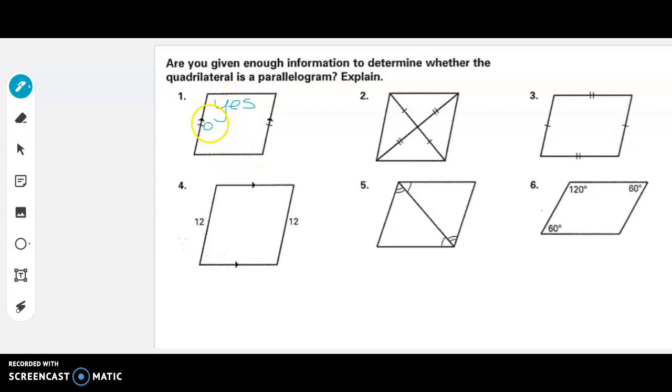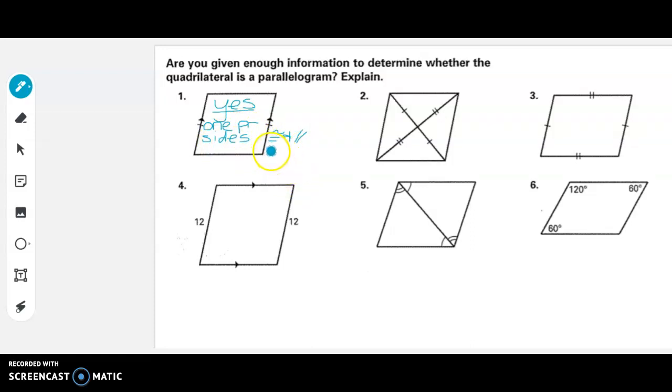Why? Because I have one pair of sides that are congruent and parallel. That's the symbol for parallel, two slants next to each other. So yes, because one pair of sides is congruent and parallel.